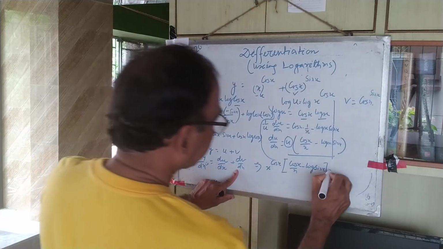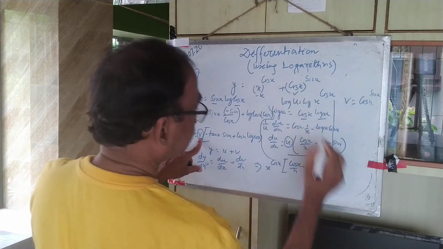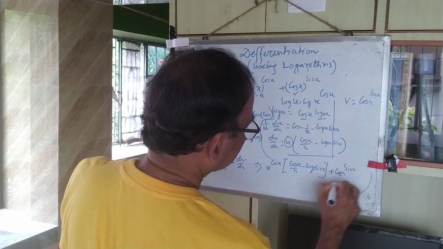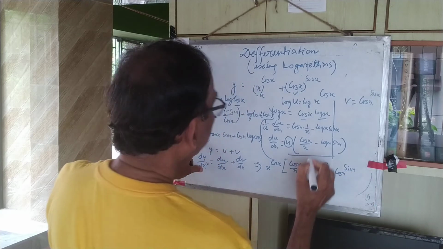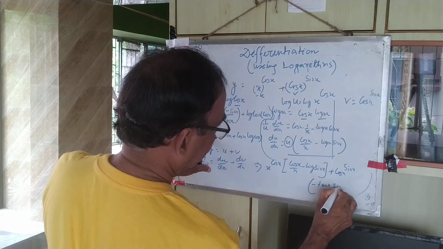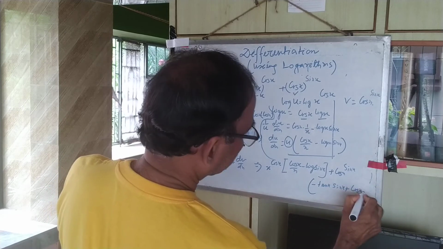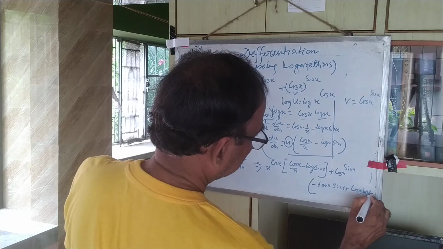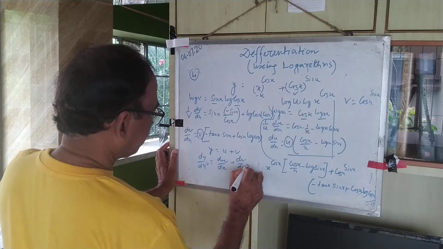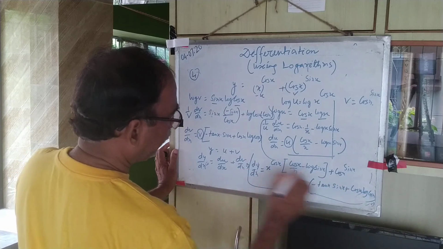Plus dv by dx, v means cos x to the power sin x, times (minus tan x sin x plus cos x log of cos x). That is your final answer.